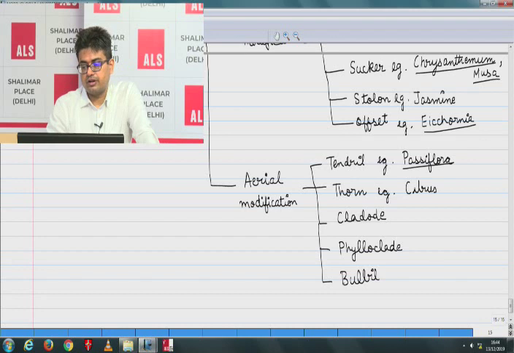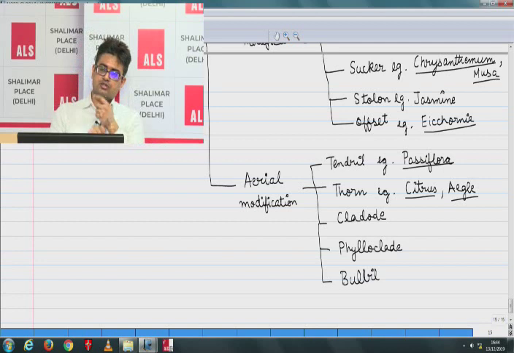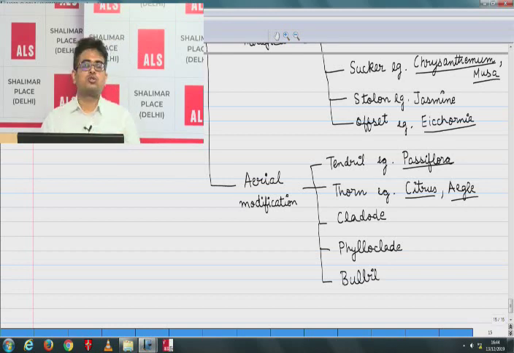Citrus and Aegle marmelos is belpatra. Let us take any example: Citrus aurantium, orange. Citrus of Mosambi variety, Kinnow variety, lemon variety. All the citrus, they have thorns. It's a modified axillary bud.